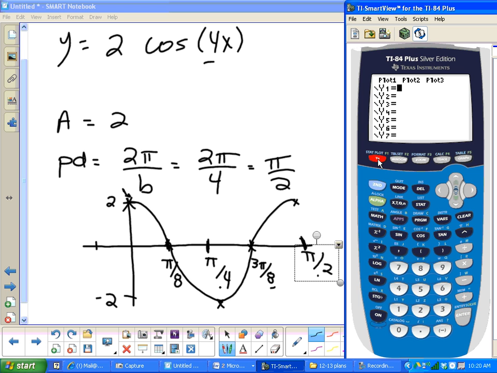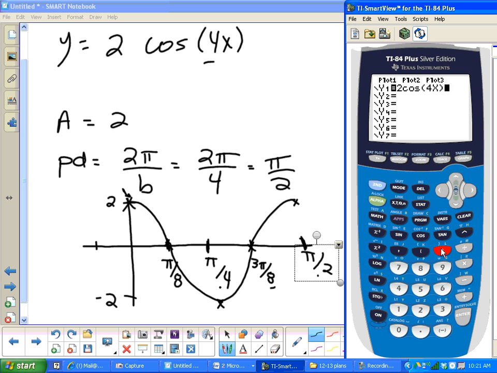All right, let me go back to y equals. Now I'm just going to type it in, 2 cosine 4x. Now, normally when we graph, we hit like zoom 6, don't we? Because zoom 6 gives me a graph from negative 10 to positive 10, negative 10 to positive 10, okay? But we don't want that, do we?